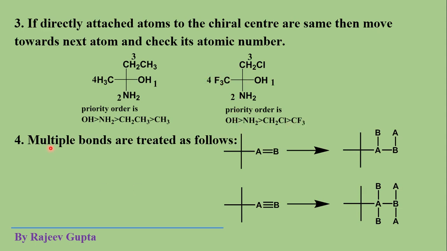Now the fourth rule is multiple bonds. Multiple bonds are treated as follows. If a group attached to this chiral center, this chiral carbon, contains a double bond or triple bond, then double and triple bonds will be treated like this: we break a pi bond, because we know a double bond contains a sigma bond and a pi bond, and a triple bond contains a sigma bond and two pi bonds.